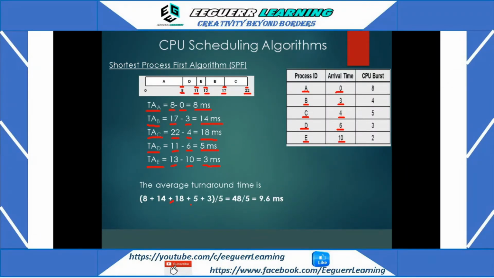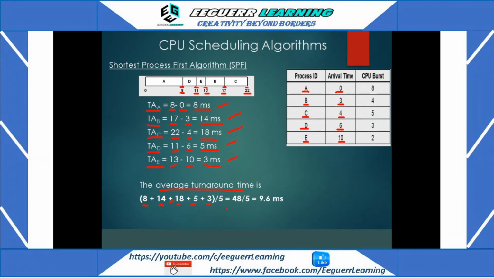Now we can solve for the average turnaround time for all the processes in our table. So we add 8 here, 14, 18, 5, and 3.